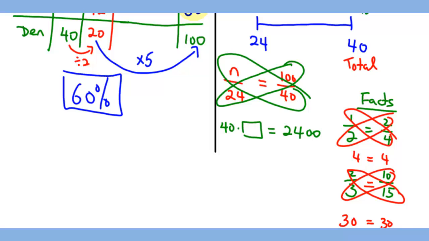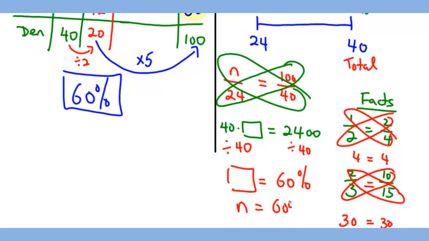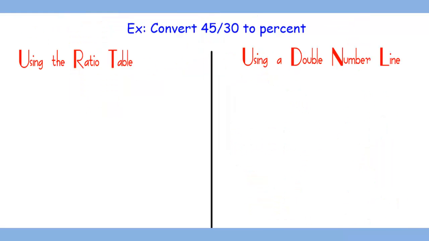If 40 times a number gives you 2,400, you reverse the operation, so you divide by 40 here, and you divide by 40 here. Then the missing number will be 60%. Using the variable, n equals 60%, which is what we just got from the ratio table.